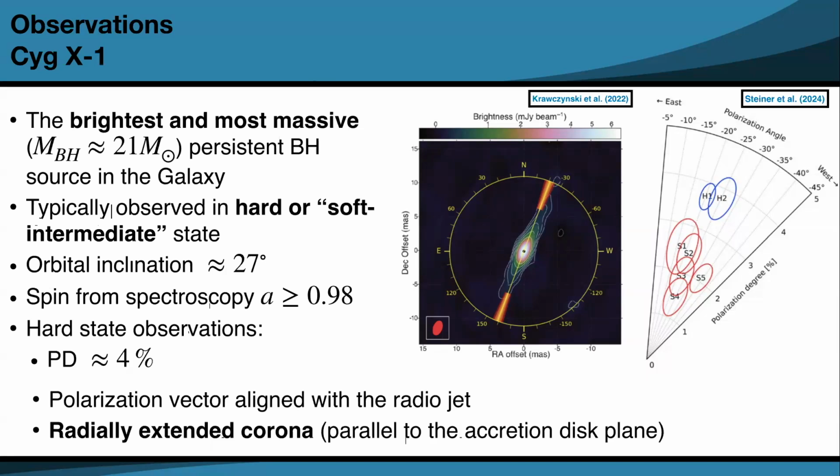And thus, to obtain such a large polarization degree, one possibility is to have a misalignment of the inner regions of the disk. So of course, assuming the same inclination is the safest option, but it's not the only possibility. In some cases, misalignment has been proposed and actually helps boost the polarization degree.